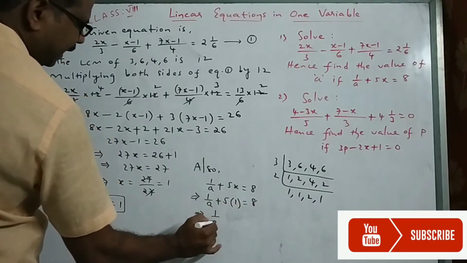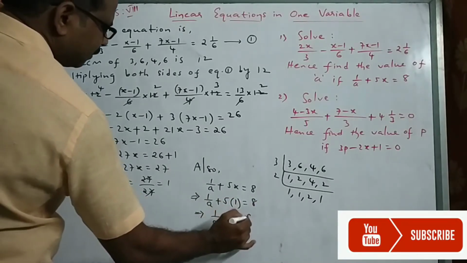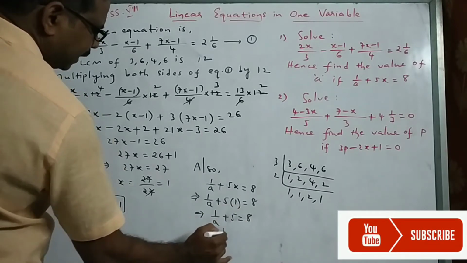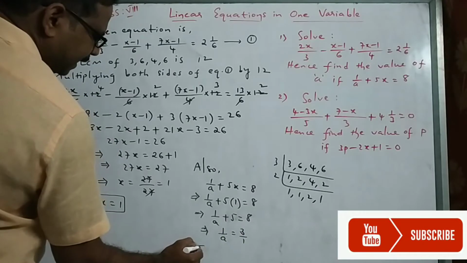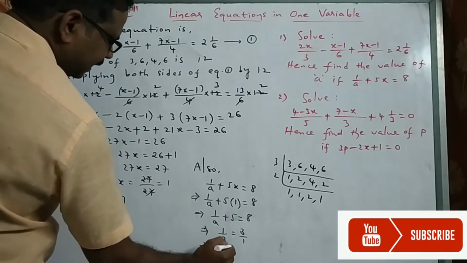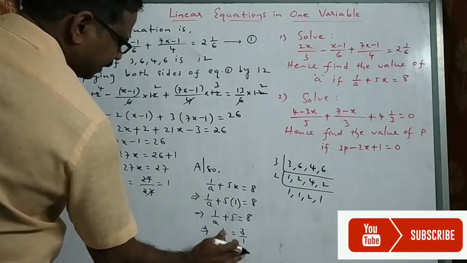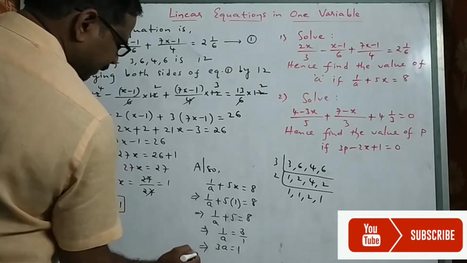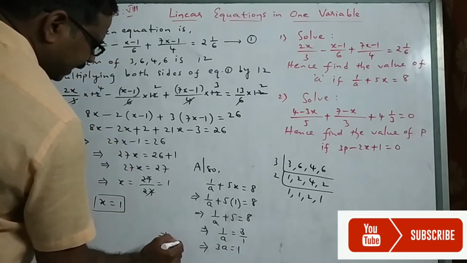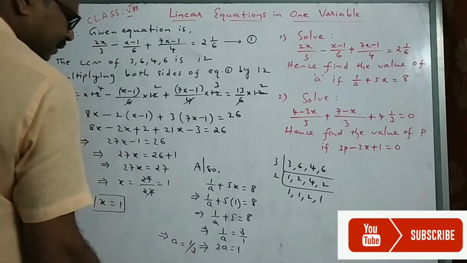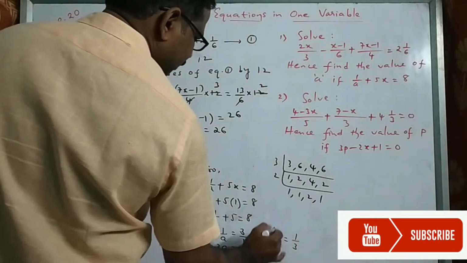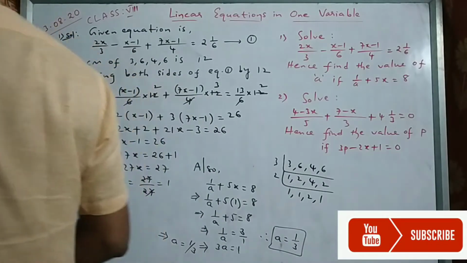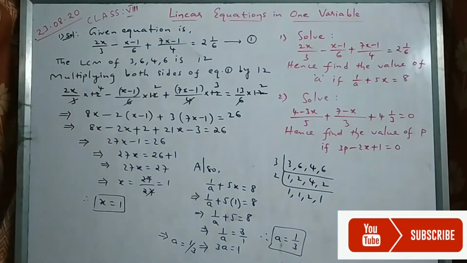So 1 by (a plus 5) equal to 8. So a plus 5 equal to 1 by 8... so, as written, 1 by a equal to 8 minus 5, 3. Take cross multiplication, 3a equal to 1, that implies a equal to 1 upon 3. That is the end of solution.